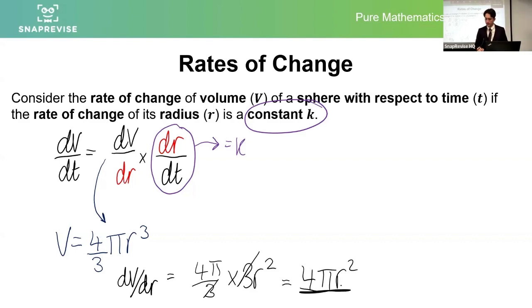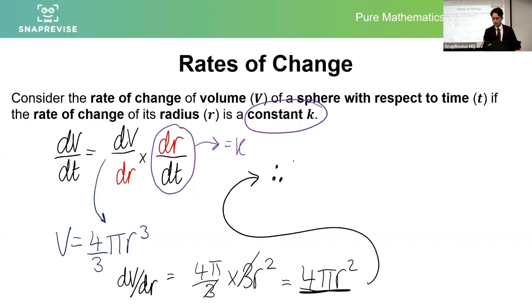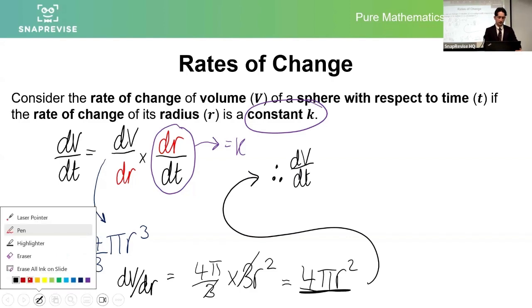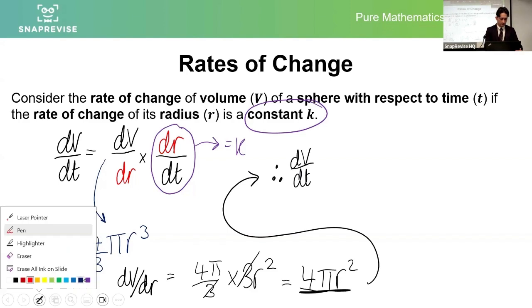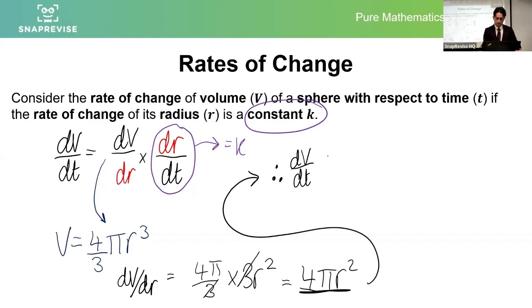But therefore, what that means we can do, take this back up here. Sorry, I'm going in a weird way because I don't want to hit this weird bit of the screen, it takes me out of the PowerPoint. So I end up with 4 pi k r squared.